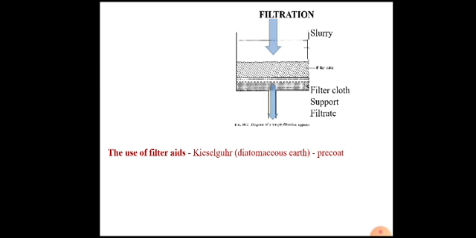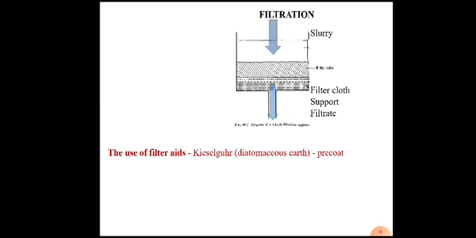These filter aids are, for example, diatomaceous earth. This diatomaceous earth, which is a filter aid, can be placed on the filter cloth so that the solid particles having greater diameter are blocked just above the filter cloth and not allowed to pass through it, thereby avoiding blockage of the pores of the filter cloth.